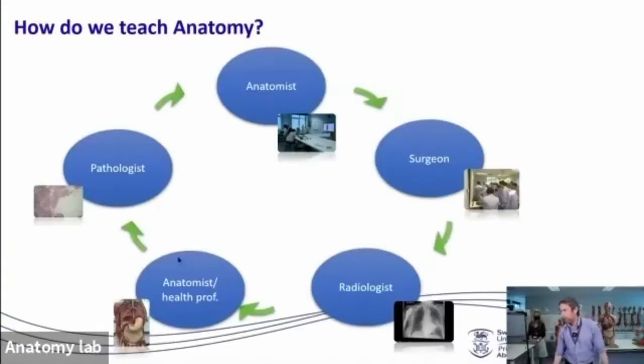And then on top of that, we'll have various other health professionals. If we're doing musculoskeletal stuff, we'll have physiotherapists, because they're fantastic with musculoskeletal stuff. When we do the oral cavity, we'll have a dentist in. When we do swallowing, we have a speech therapist. And then we'll often also have a pathologist.